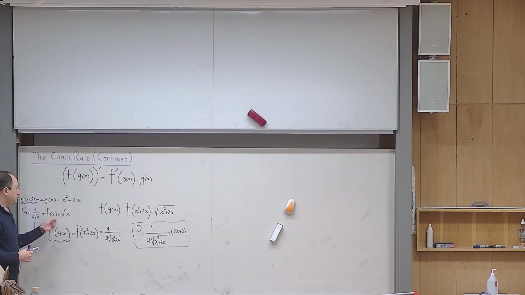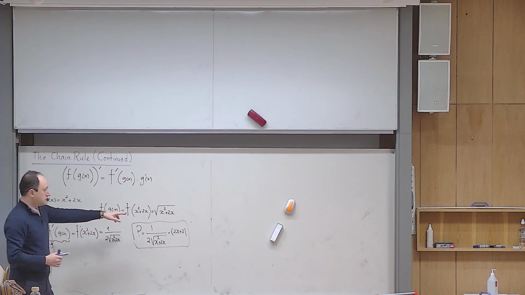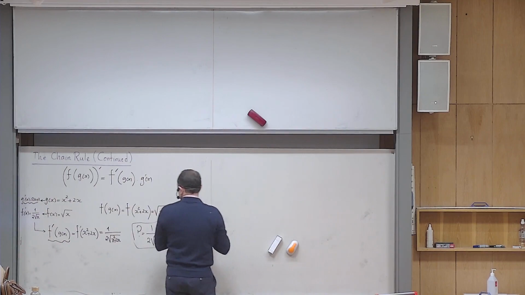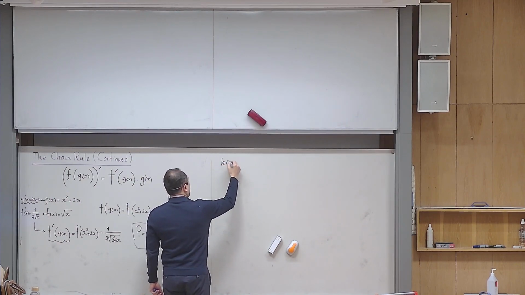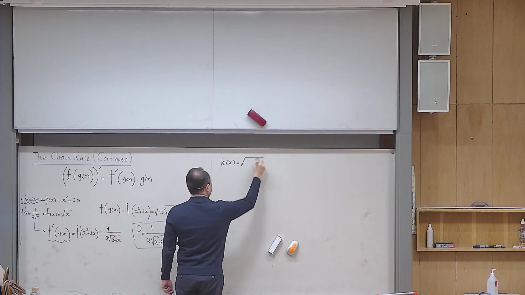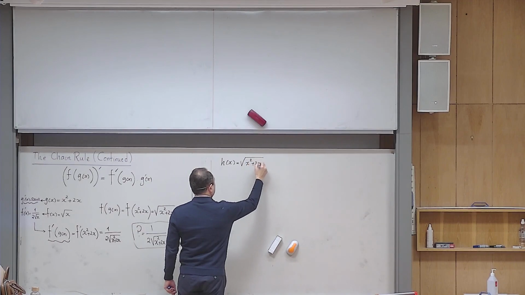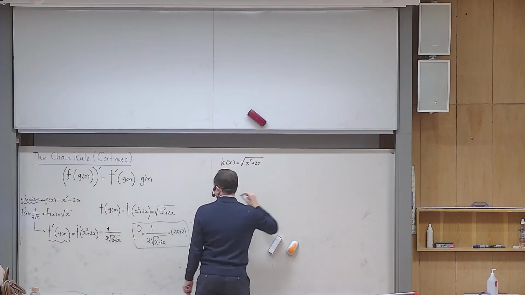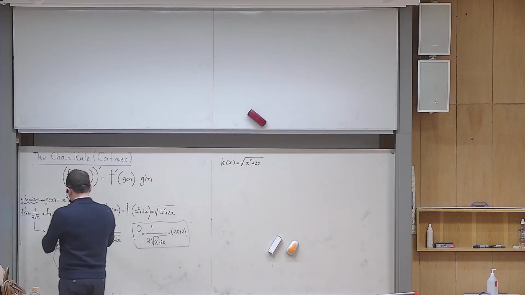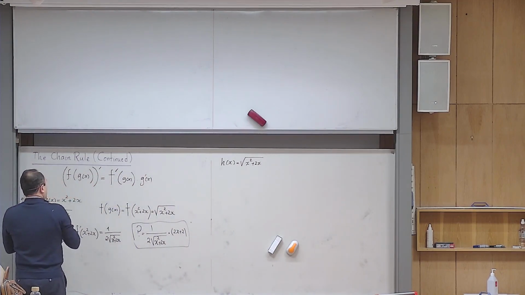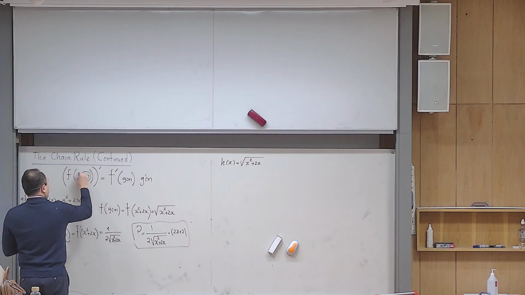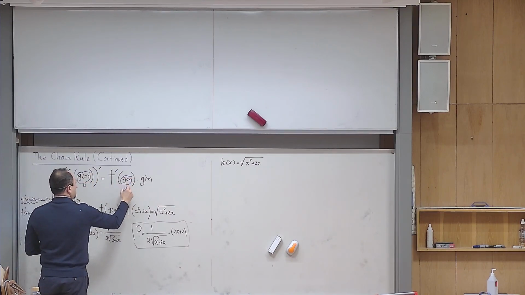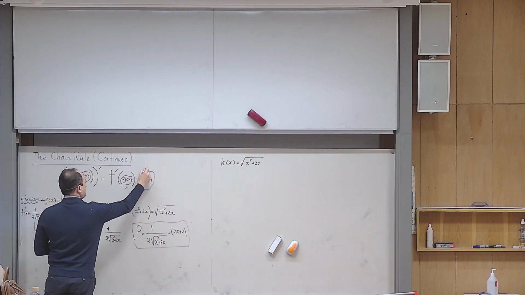If I give you this, there are many exercises like this in the book. So what I expect you to do is this. I give you the function h of x equals the square root of x squared plus 2x, and I ask you to differentiate it. Do you remember I wrote this formula in a slightly different way? I denoted this by u, and then this becomes u, and then this becomes u prime.